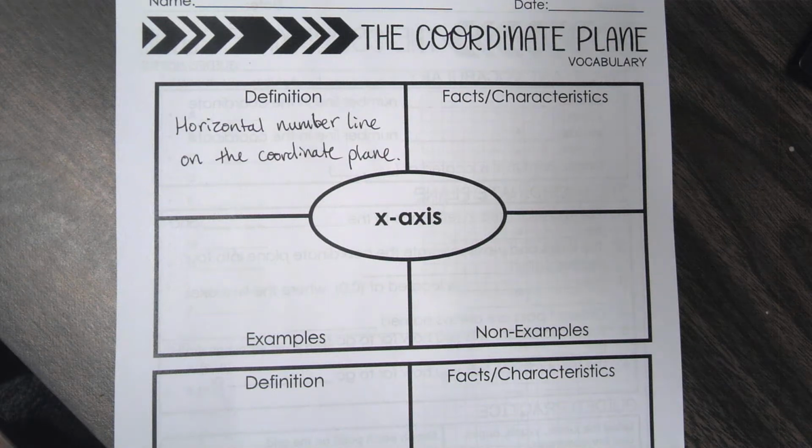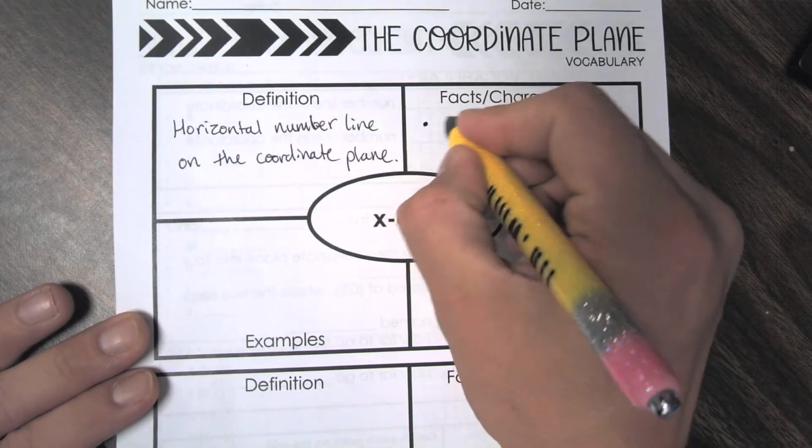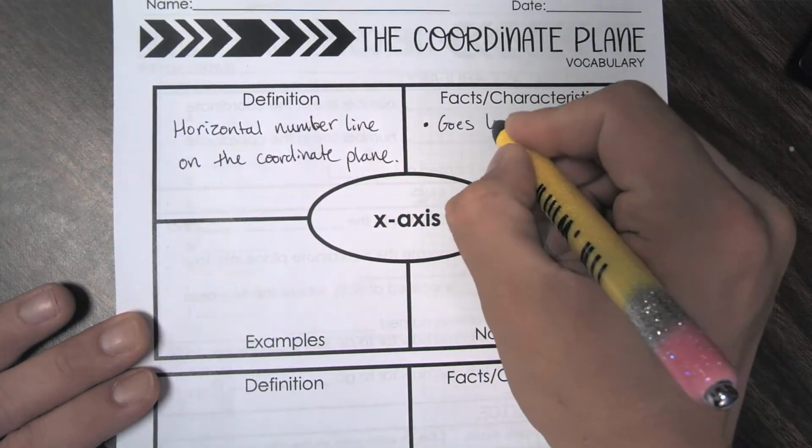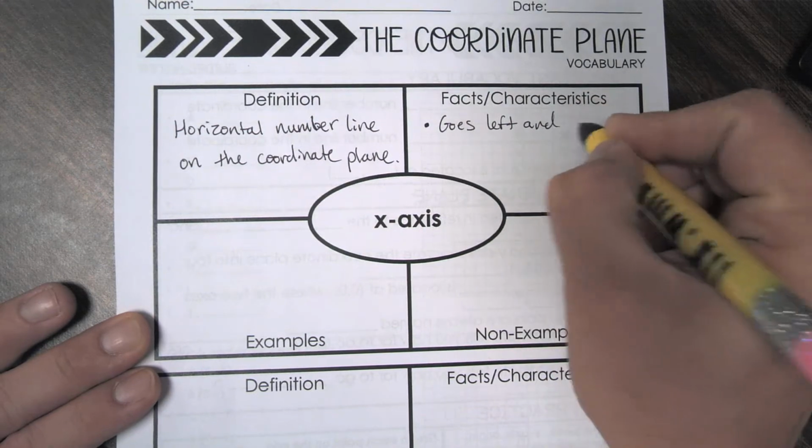So, like I was saying, the x-axis on the coordinate plane is the horizontal one. That's the one that goes left to right, which takes us into the facts and characteristics. Literally it goes left and right.